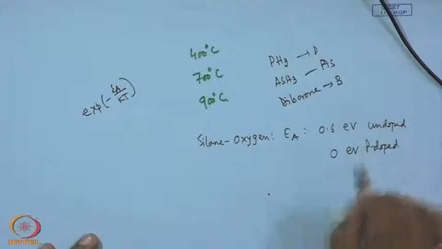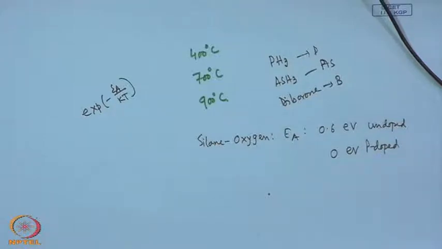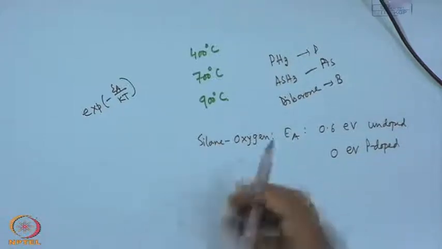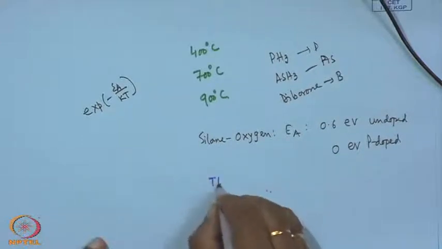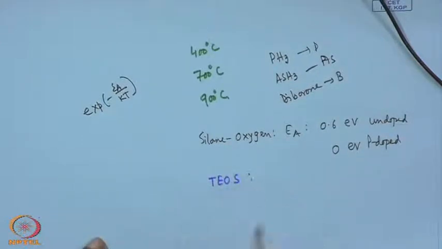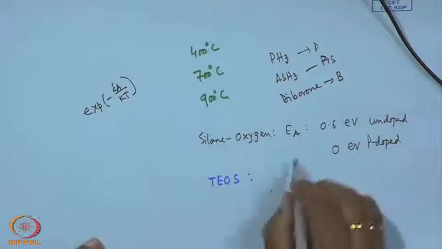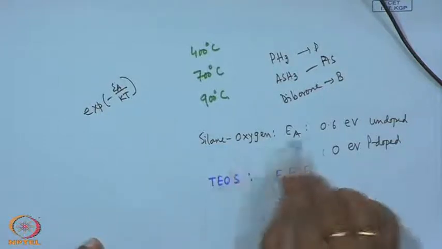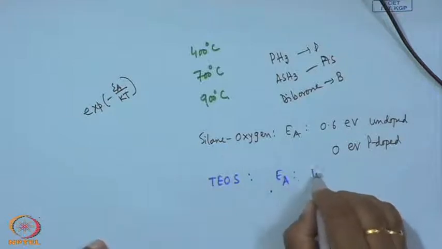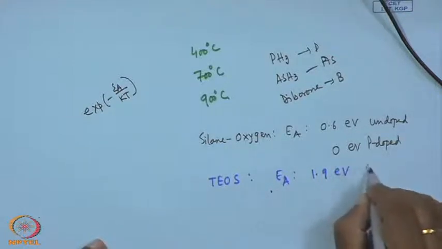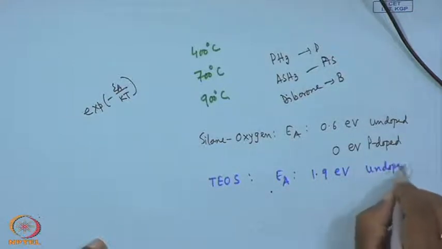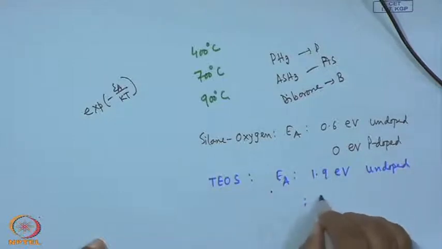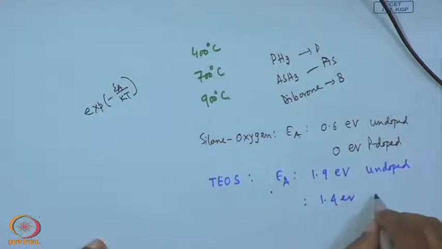That means phosphorus doped. Similarly, the activation energy of TEOS decomposition to obtain SiO2 is quite high compared to the silane oxygen reaction. It is 1.9 electron volt when undoped, and 1.4 electron volt if doped.